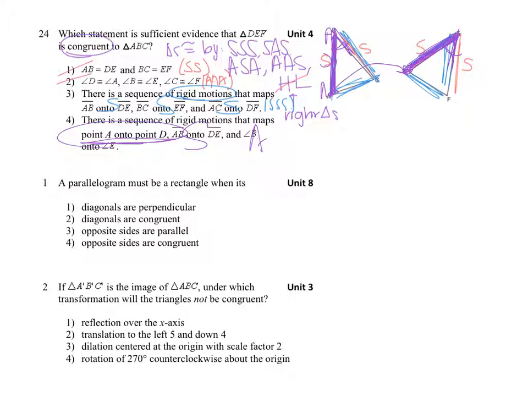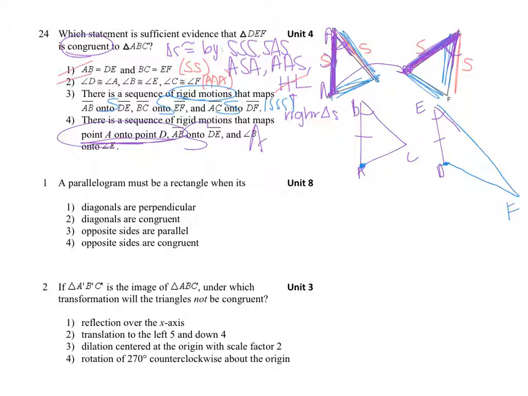If I redraw this picture up top, I have B, A, C, and I know that this side and this angle are congruent to angle E and side DE. And I know that point A gets mapped onto point D. But what if I extend this side length way down there, and I keep everything else the same?